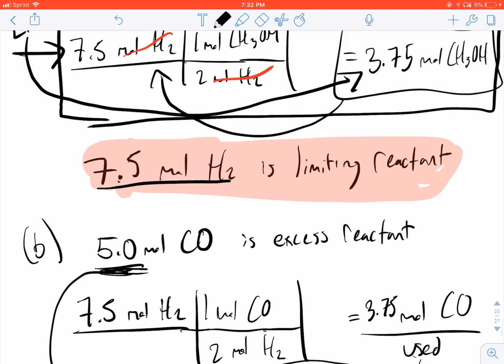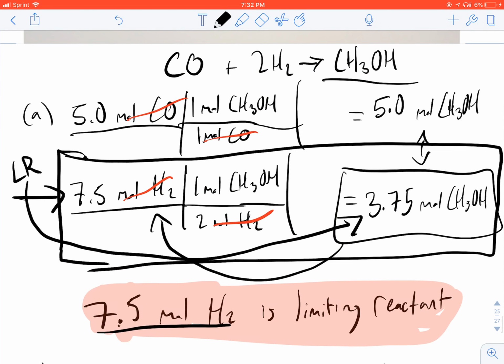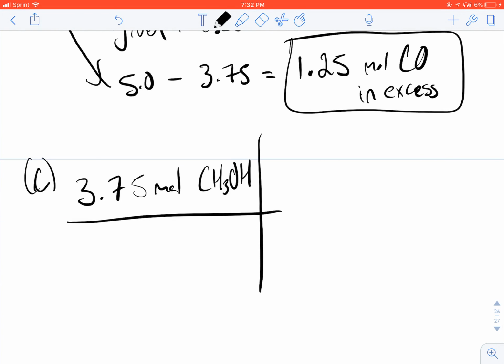Remember there were two different approaches for finding the limiting reactant. I choose this way when we're dealing with the product because it's going to make this part C much faster, because all we need now is the molar mass of methanol.